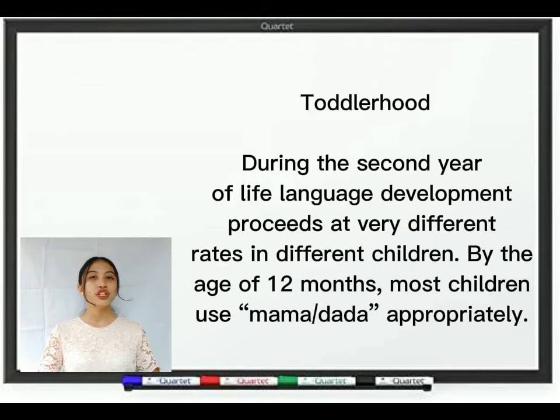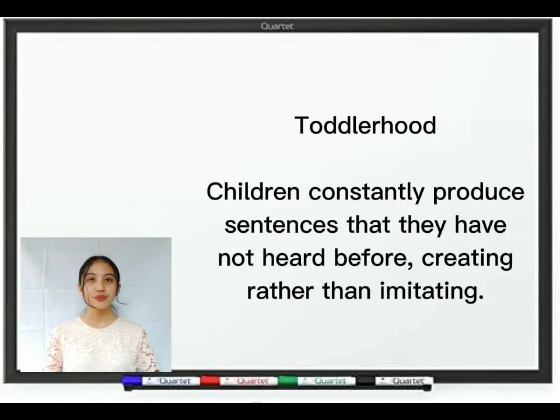Next is toddlerhood. During the second year of life, language development proceeds at very different rates in different children. By the age of 12 months, most children use mama or dada appropriately. They add new words each month and temporarily lose words.